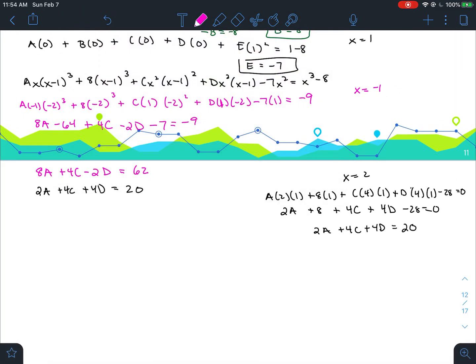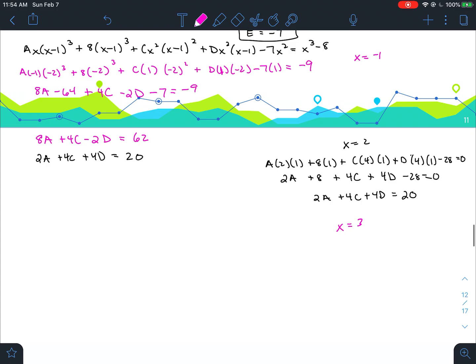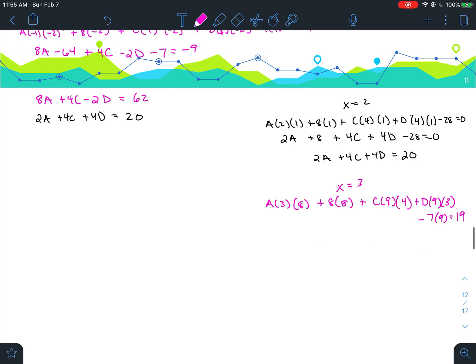And then we're going to have to do one more. Let's let x be 3. So if I let x be 3, I'll get a times 3 times 8 plus 8 times 8 plus c times 9 times 4 plus d times 9 times 3 minus 7 times 9 equals 27 minus 8 is 19.